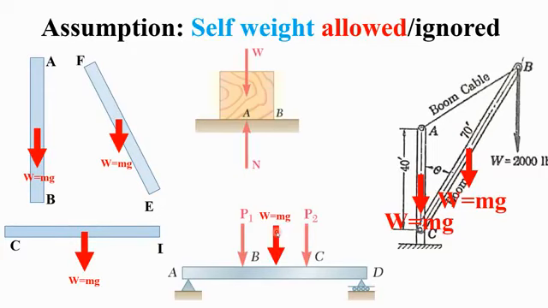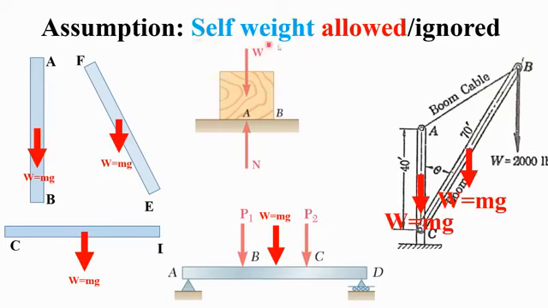Now assumptions. Few assumptions. Self-weight allowed or ignored. You see in your book there are some problems where it is written ignore self-weight or there is no self-weight. So once there is no self-weight, you do the problem the same way as shown in the figure.